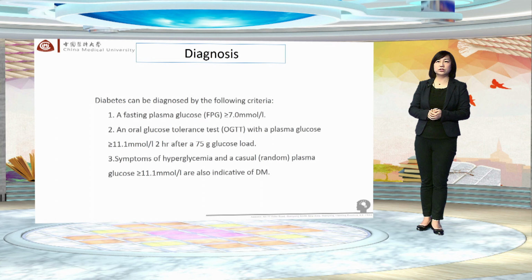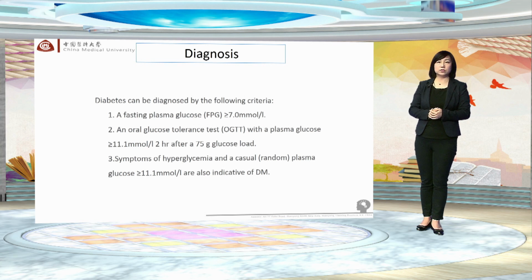How to diagnose diabetes? A fasting plasma glucose more than 7 millimole per liter. Fasting is defined as no caloric intake for at least 8 hours. Or an oral glucose tolerance test with a plasma glucose over 11.1 at 2 hours after a 75-gram glucose load.